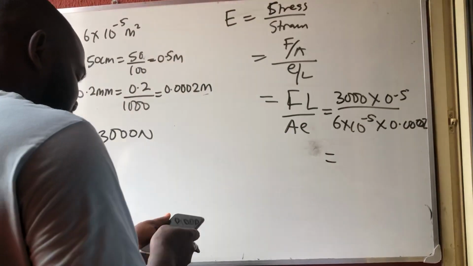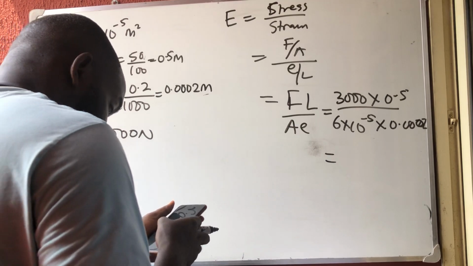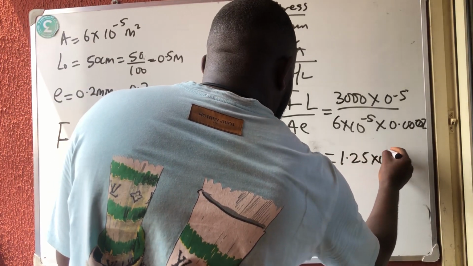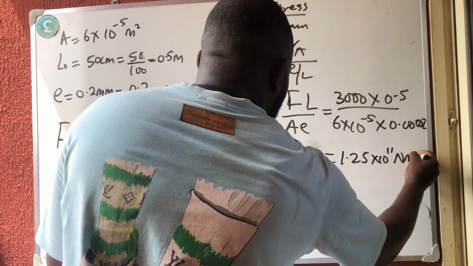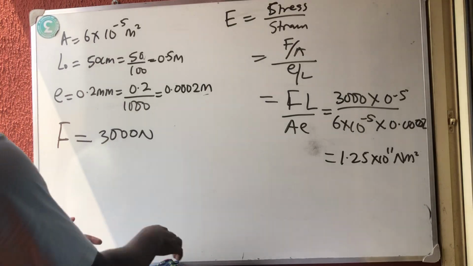If you do that, you get that your Young modulus is 1.25 times 10 raised to power 11 Newton per meter square, because it takes the SI units of tensile stress.